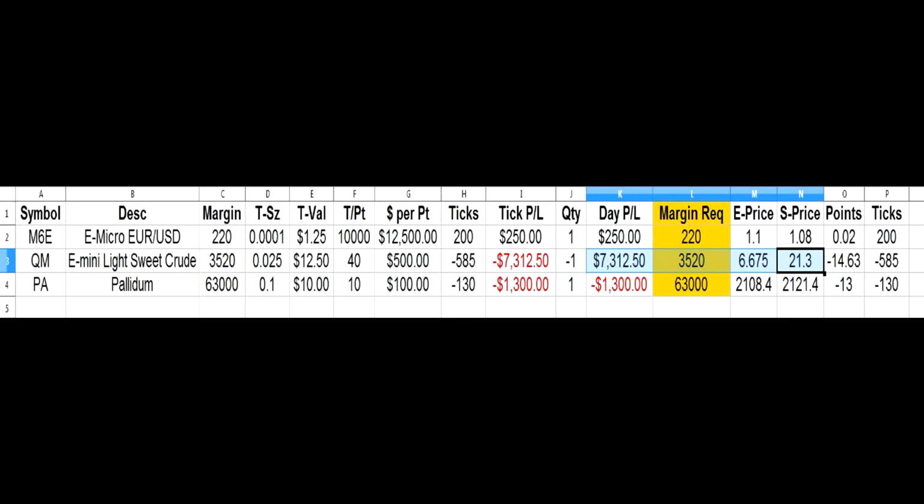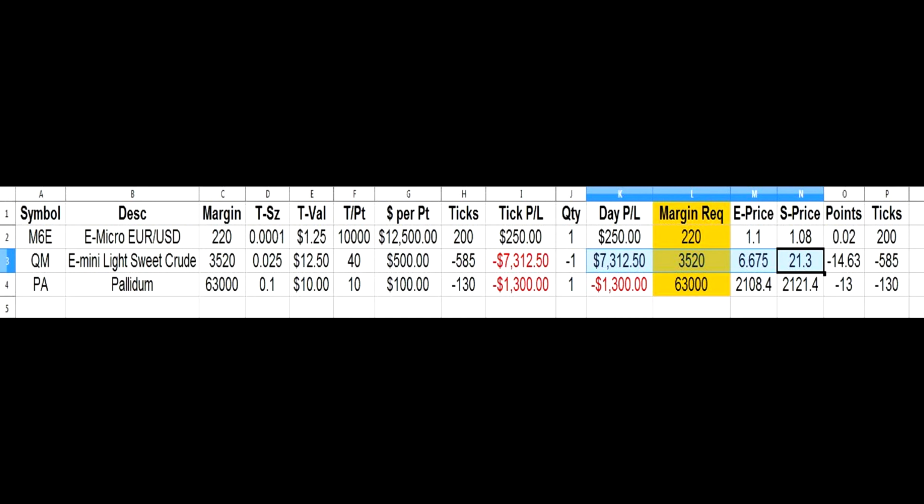They went from $21.30. You'll notice in column N, this is just my spreadsheet, I have a start price. S price means start price. So at the beginning of the day it opened up at $21.30. And then in column M, where it says E price, the price came all the way down to $6.675. That's as low as it got today.